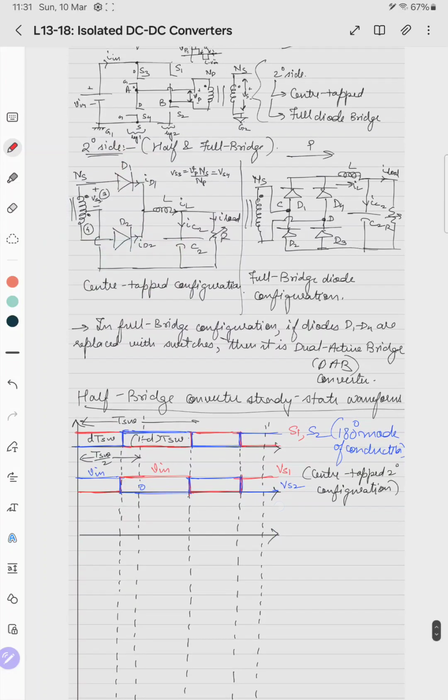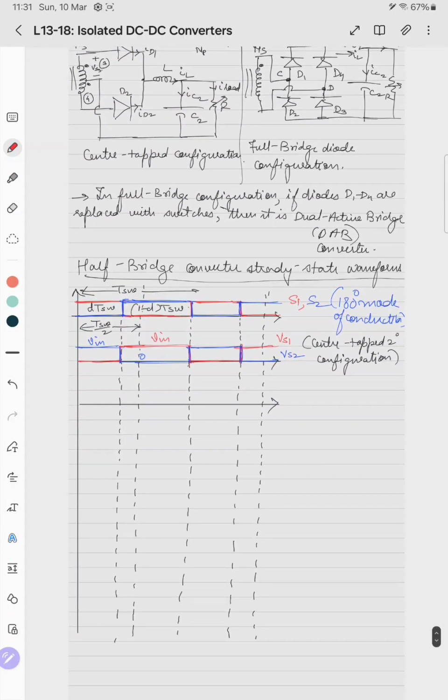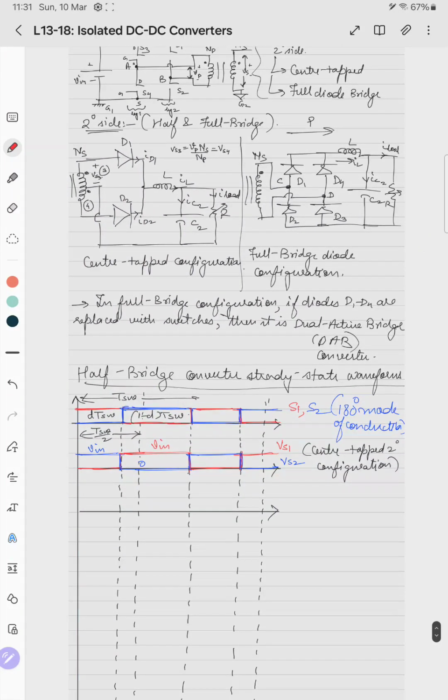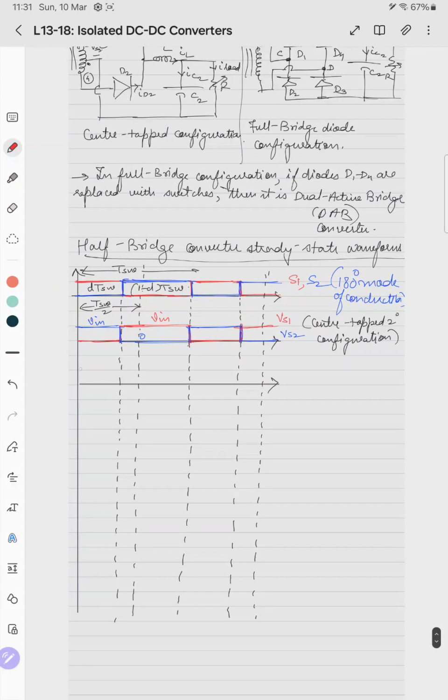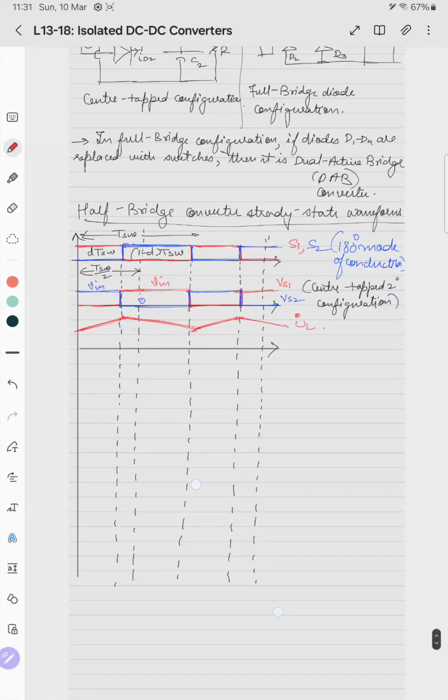When the switch is on, the current will be rising, then it will be falling. This is IL, and this has its average value, capital IL.